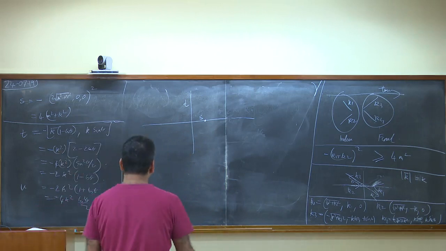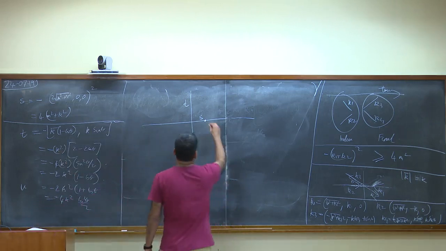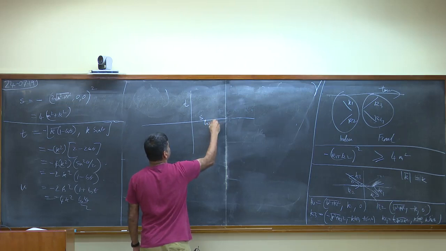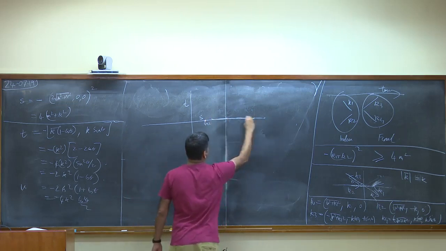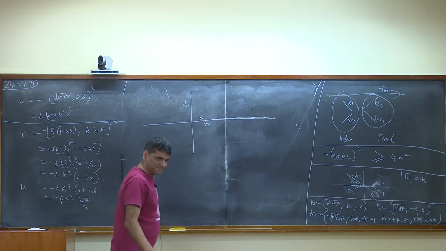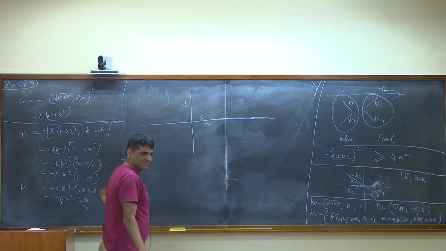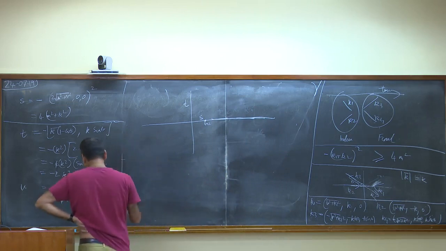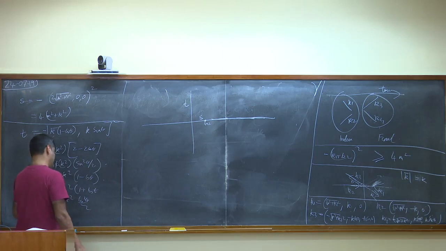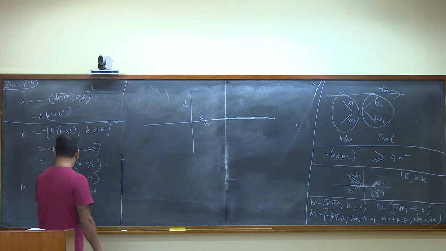Clearly S can be anything to the right of 4m squared, and T here is negative. However, bounded. T cannot be too large.